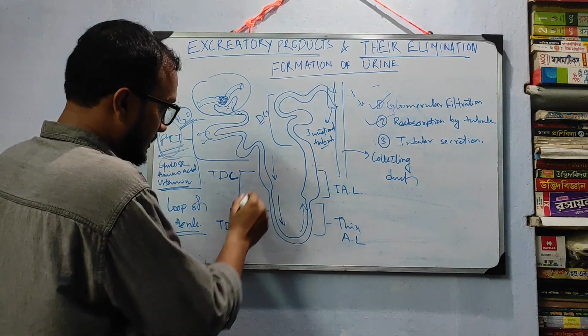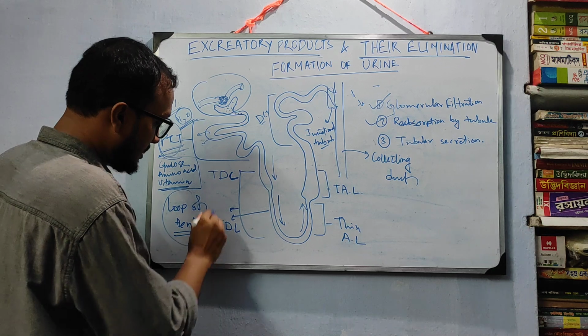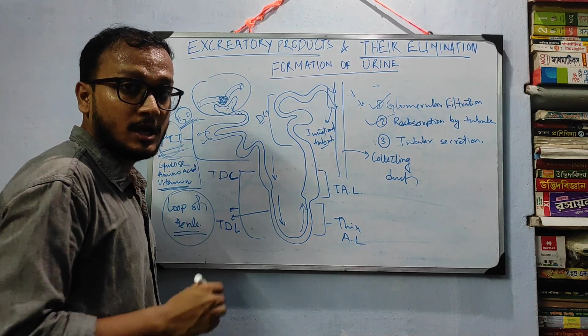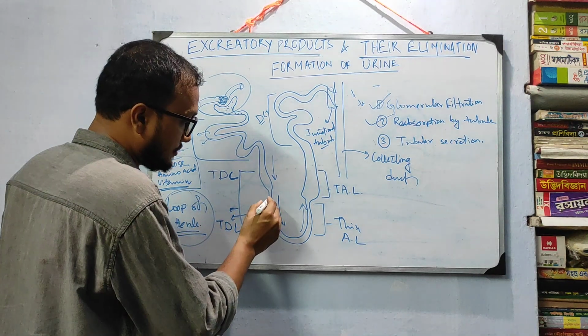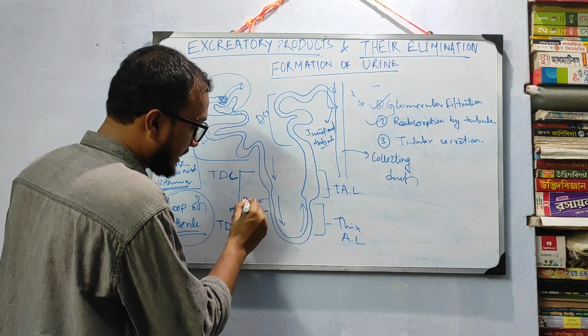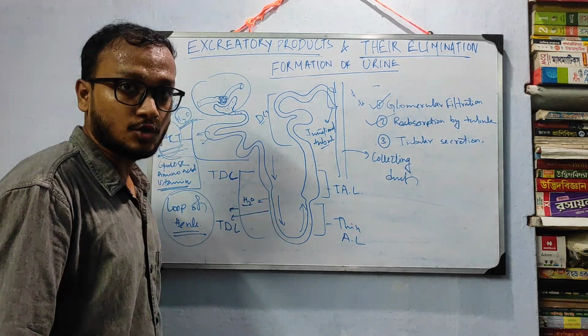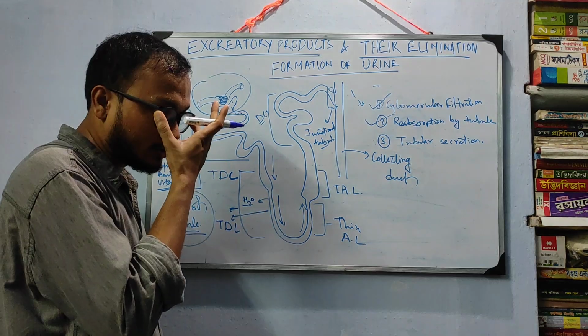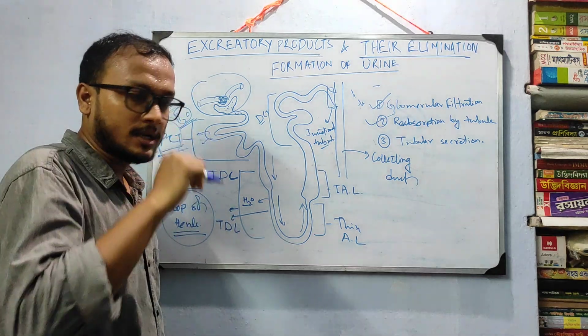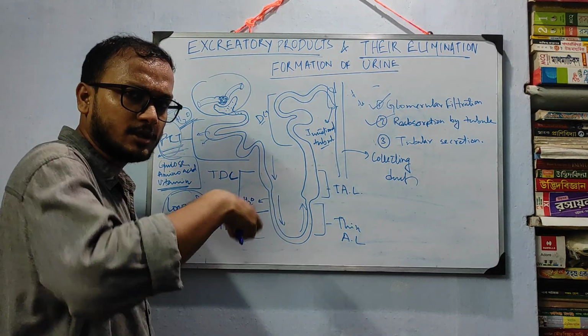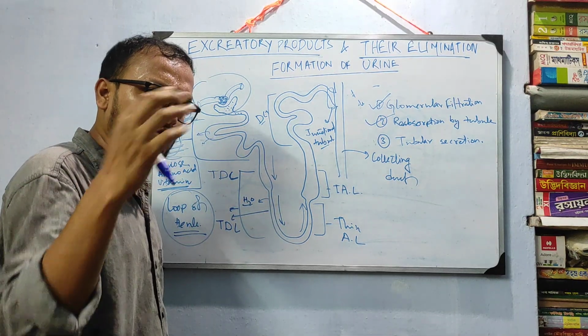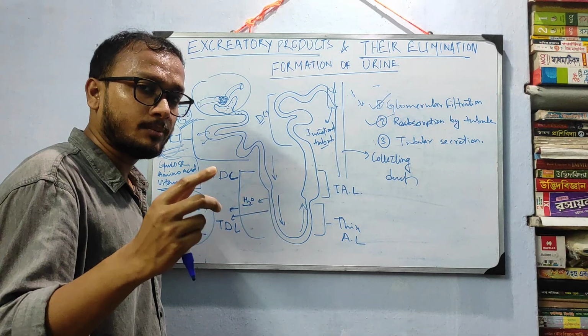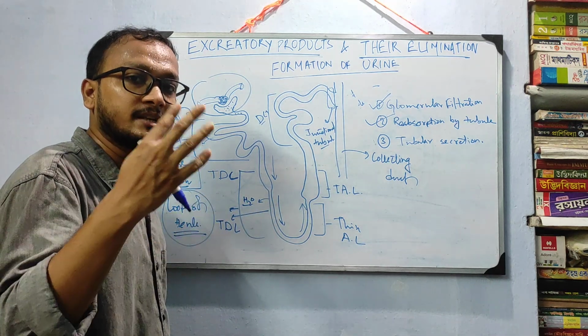Now in the loop of Henle, only the water gets absorbed, not the solute, not the inorganic salt or anything else. Think about it: from a solution you are absorbing only the water, and the solutes remain. So the concentration of the solution will increase, right?